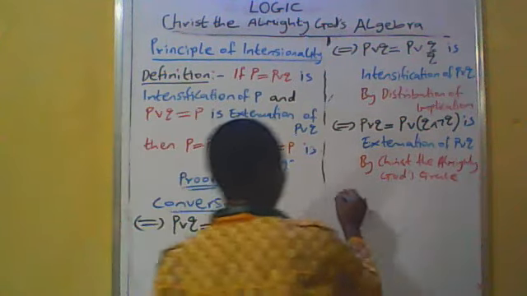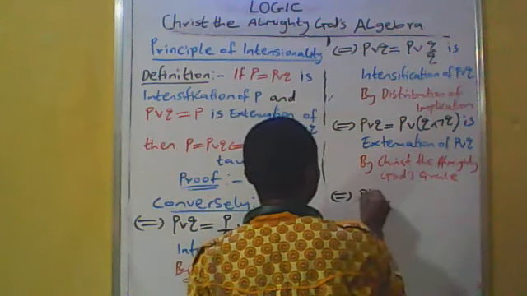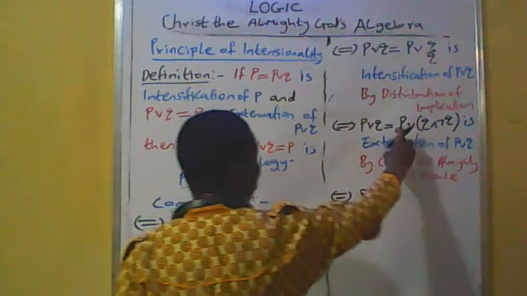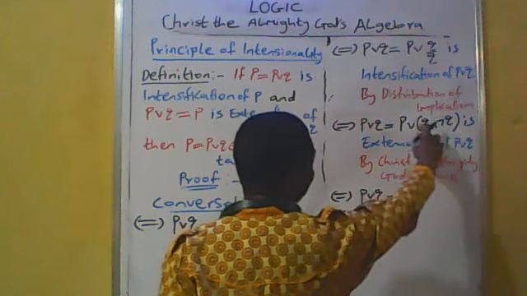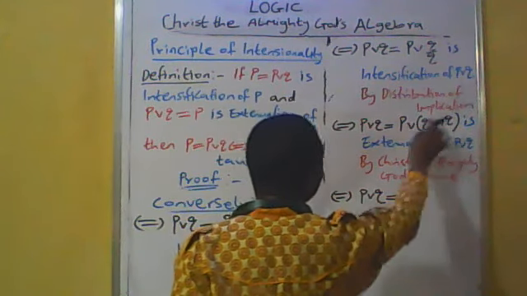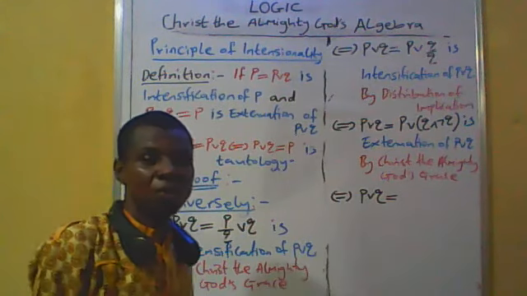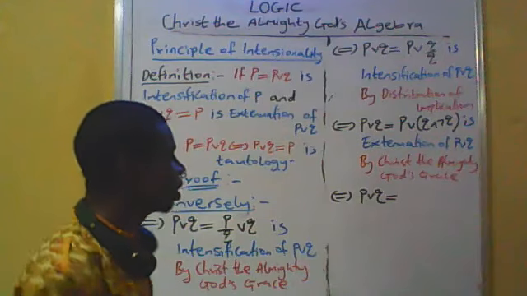If and only if P or Q is equal to, you see that this P or (Q and not Q) is equal to P by the law of identity.